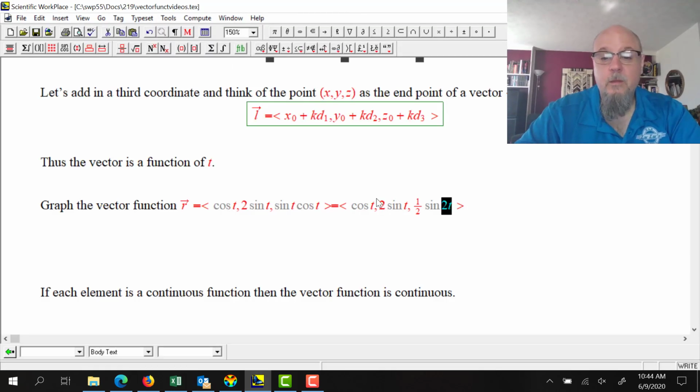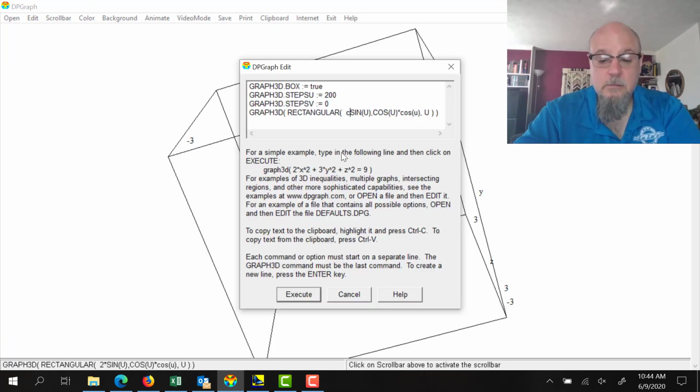What am I drawing? The x is equal to cosine of the parameter. The y is equal to 2 sine of the parameter.